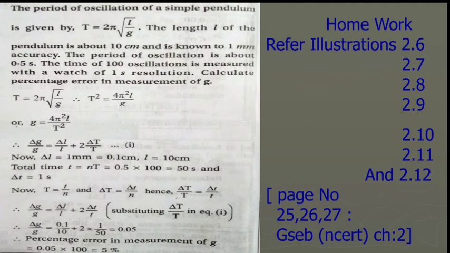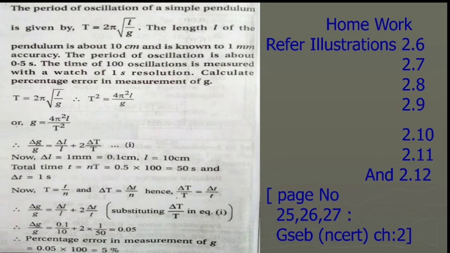Here capital T is equal to small t upon n and delta capital T is equal to delta small t upon n. Hence delta T upon T is equal to delta small t upon small t. So delta g upon g is equal to delta L upon L plus 2 times delta small t upon small t, substituting in the first equation.